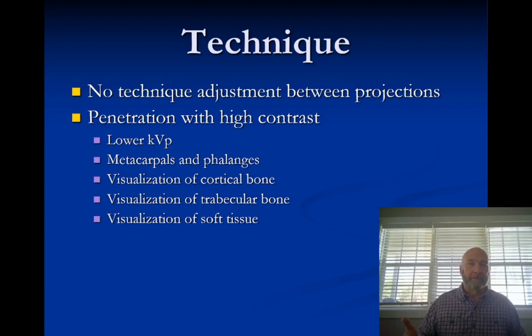In, for example, ankle, you're thicker anterior to posterior than what you are laterally, so your technique may actually need to decrease for a lateral ankle as opposed to an AP of the ankle. So don't get yourself locked into that mindset. You're not going to need any kind of technique adjustment between them. So you are going to use lower kVp.